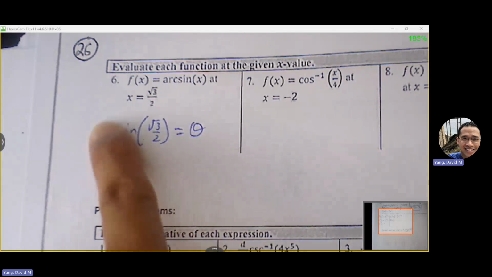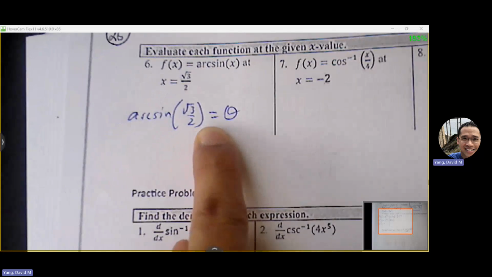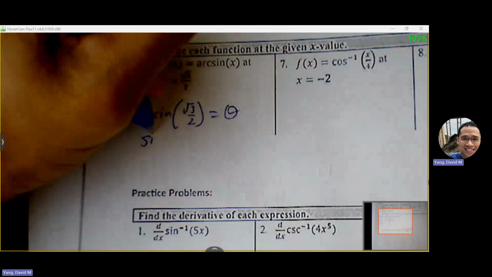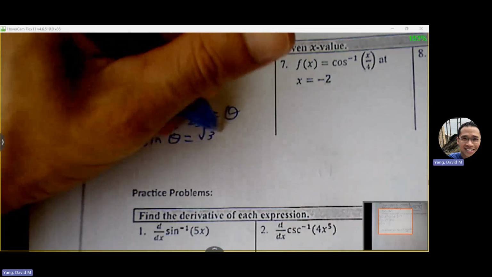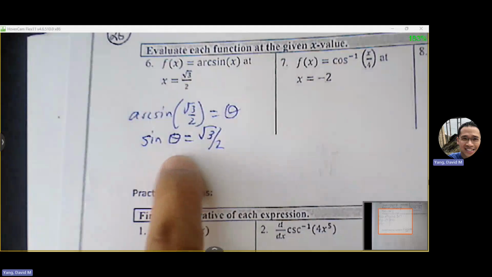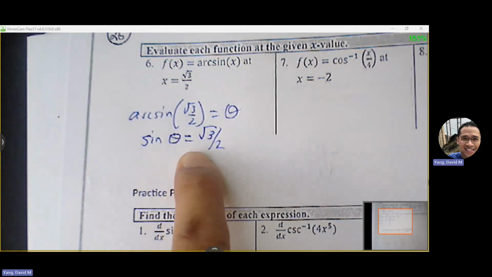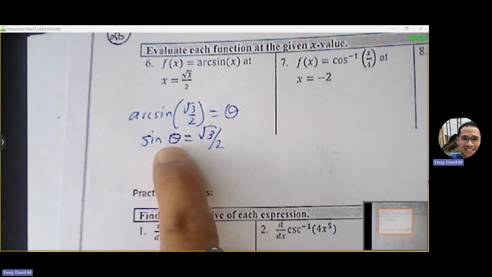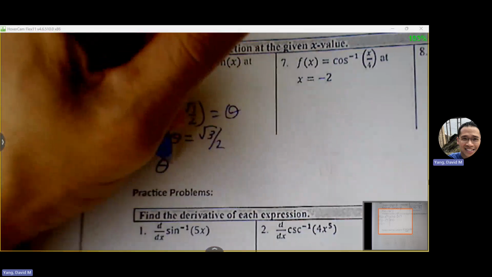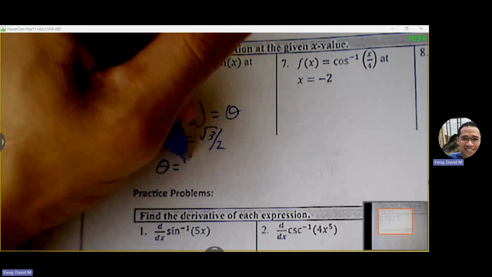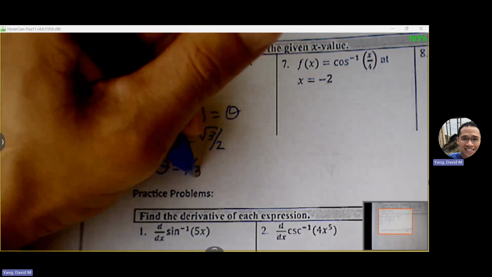If this feels messy to interpret, you can always rewrite it as saying: sine of what theta value is equal to root 3 over 2. This feels more familiar to us because this is the way that we've talked about unit circles. Sine is positive, so it's going to be in that first quadrant. So theta is going to be pi over 3.